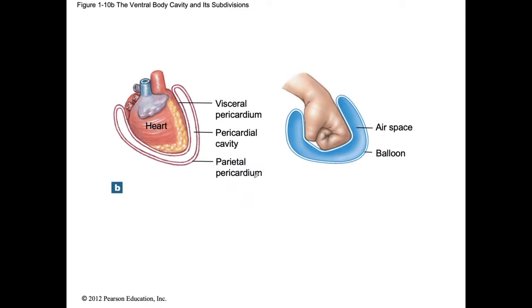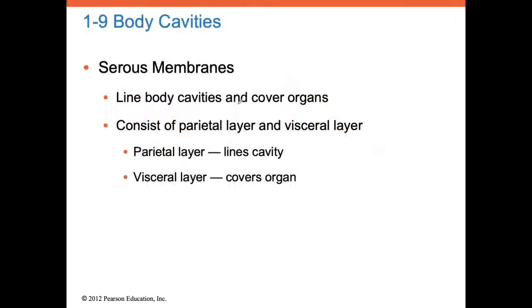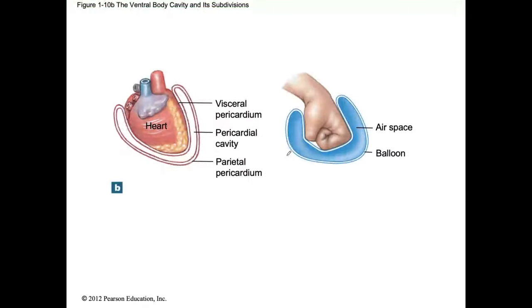Now, when we talk about these cavities, there's two terms that I want you to keep in mind. One of them is called the parietal layer, and the other is a visceral layer. The visceral layer is going to cover the organ, and the parietal is going to cover the cavity. So if your fist pushes into a balloon, let's say your fist is the heart, there's a layer of the balloon that comes into contact with your fist or the organ, and that's going to be the visceral layer.